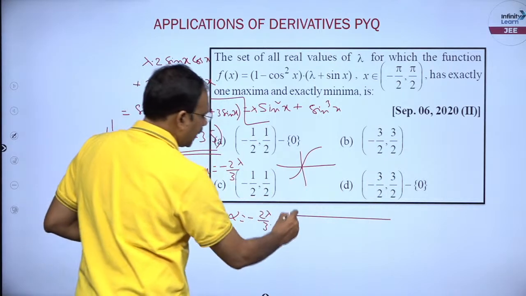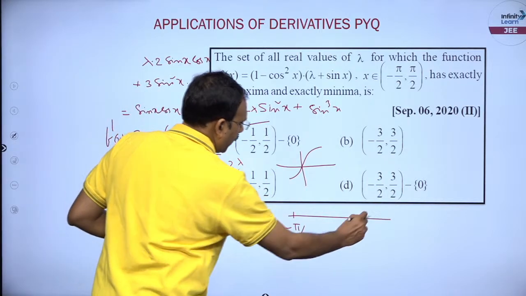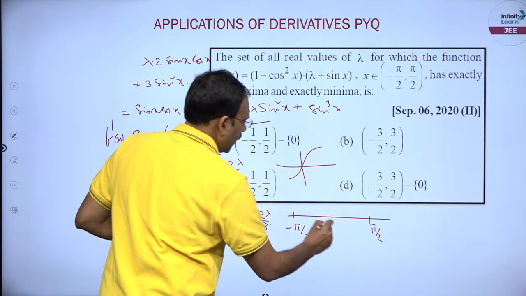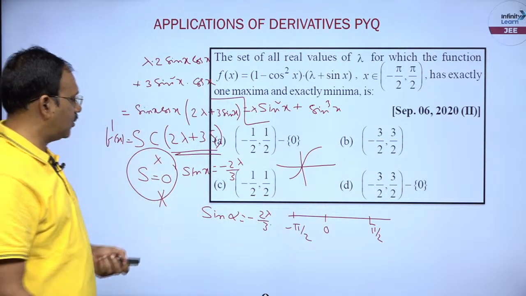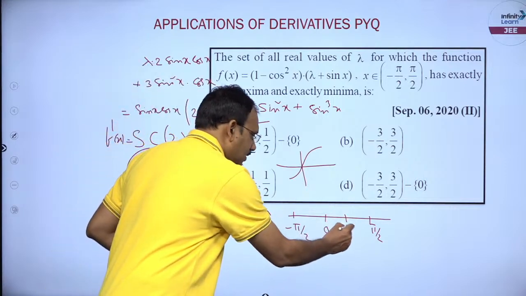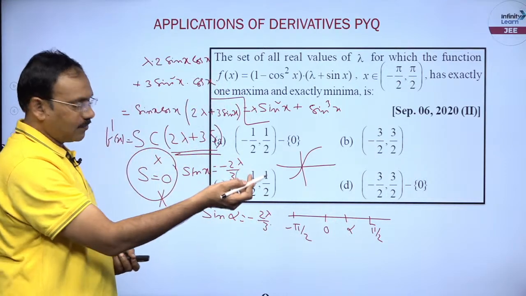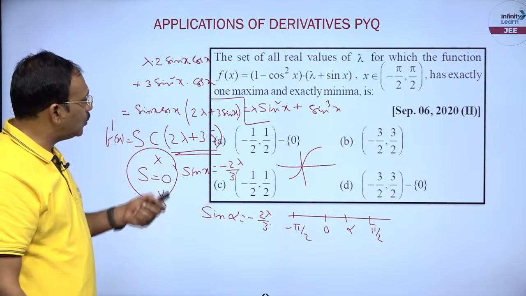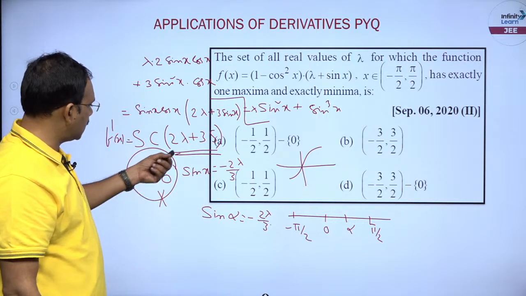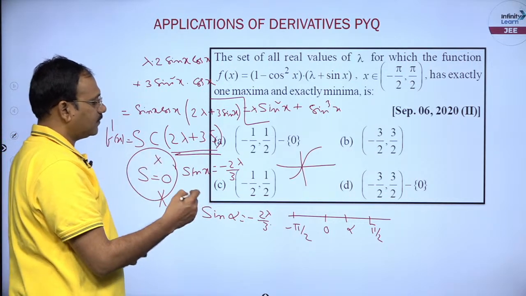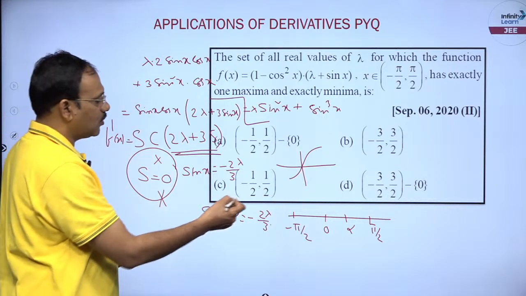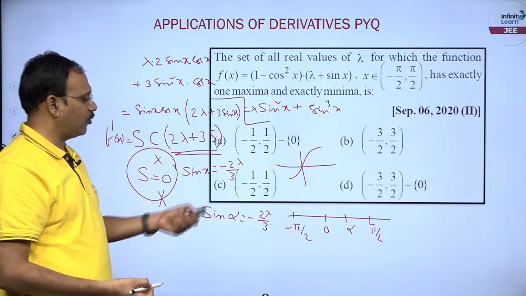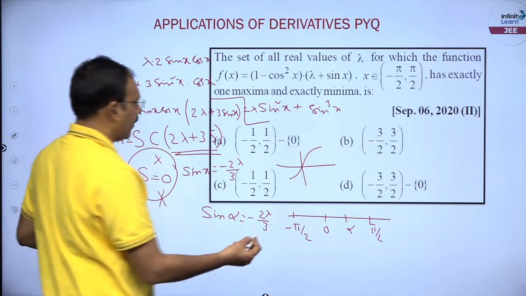Okay. So friends, now you just take x values from minus pi by 2 to pi by 2. Okay. 0 is one of the values where the function becomes 0, and suppose alpha is here. Actually alpha can be positive or negative. So you can observe the first derivative case, when alpha is between 0 to pi by 2, you can observe the possibilities.